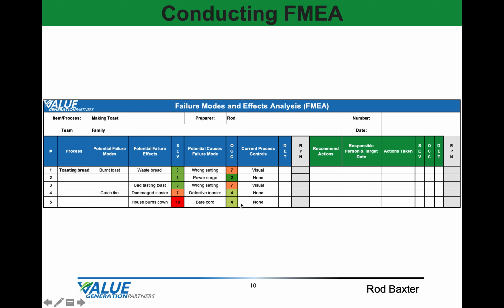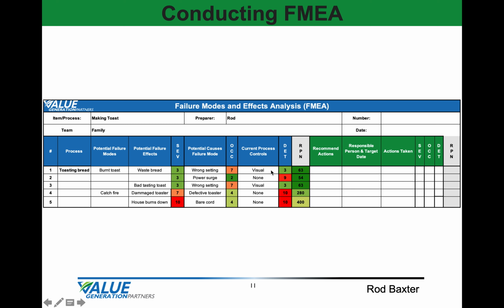What are our current controls, the controls we use today? For wrong setting, it's a visual control that we sometimes use. For power surge, we have no existing control. And for defective toaster or bare cord, we currently don't have a control in place. So what's our ability to detect?